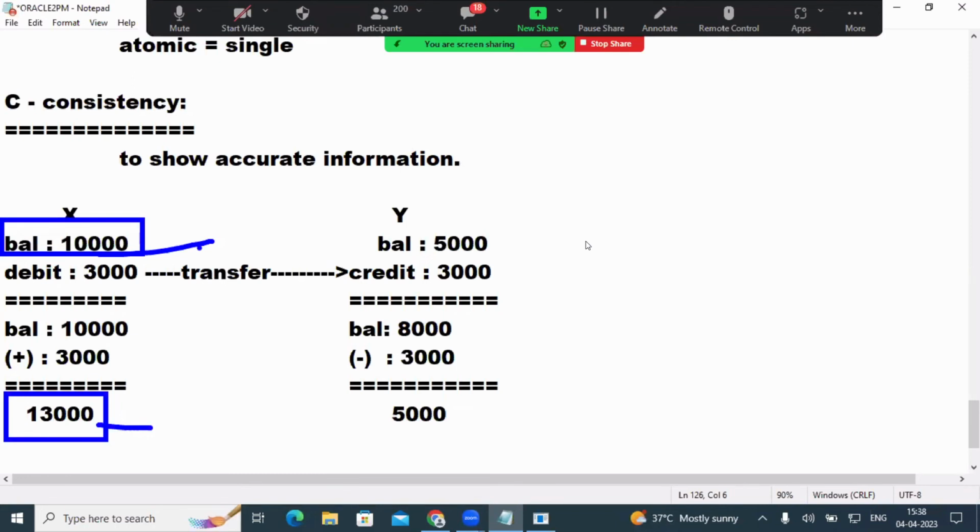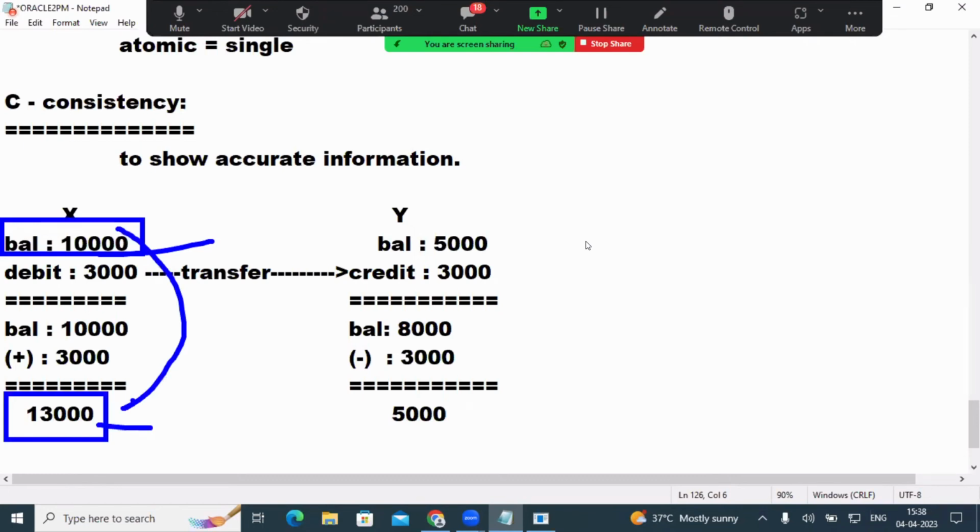Because the consistency property takes that responsibility. The consistency responsibility is what now? Both the sender and receiver accounts' verification: are the balances the same or not? That means accurate or not. That kind of responsibility is by consistency.